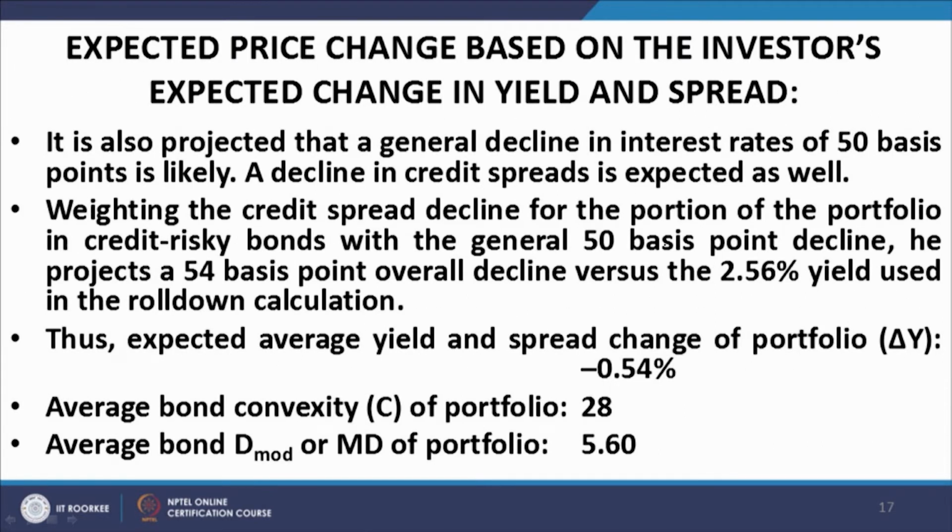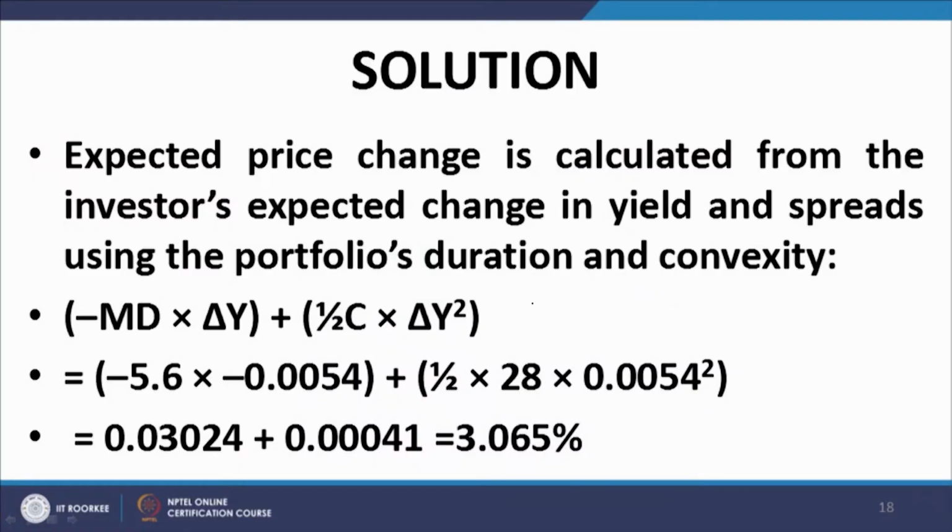Now, expected price change, as we have discussed, the analyst has projected a decline of 0.54% in interest rates. The duration and convexity are given as 5.60 and 28, and we can simply apply the duration convexity model, which is embedded in this particular equation.